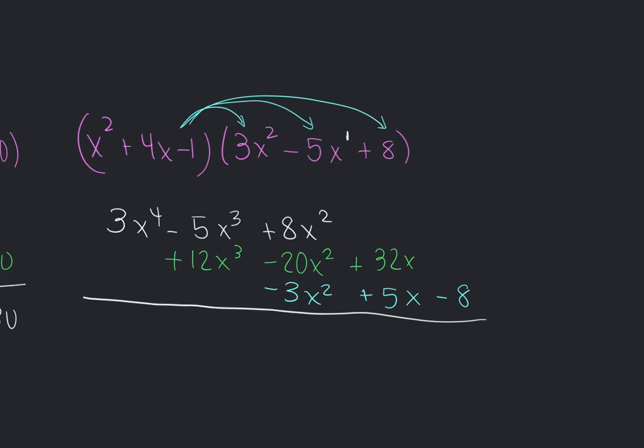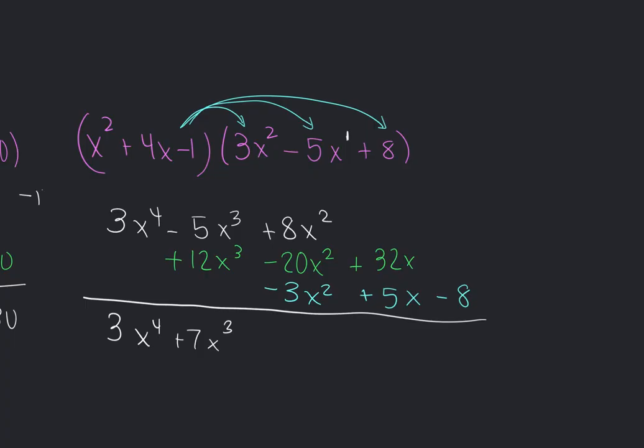Now combine like terms vertically. And it's already in standard form too. That's what's really nice. Okay, so 3x to the fourth didn't have a like term. A positive 12 and a negative 5 is a positive 7. The exponents don't change because we're just adding or subtracting. Let's see, I've got a positive 8, a negative 20, and a negative 3. I can't do all of that in my head.